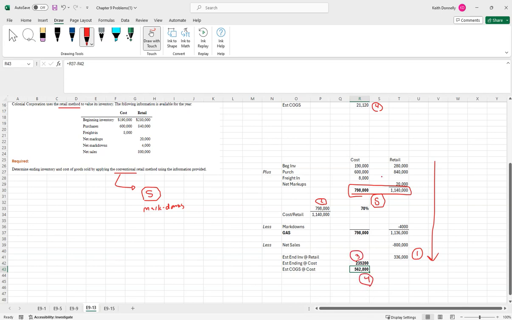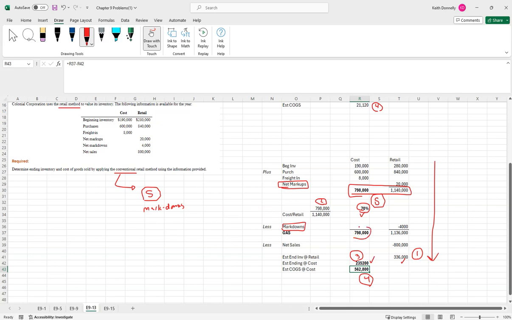So what did we do? We listed it out. We worked our way down. We landed at 336. We used a stop sign in between. We excluded the markdowns, they come after the stop sign, but the markups are part of it. That gives us a percentage. We then take the 336 times the percentage there, that gives us 235.